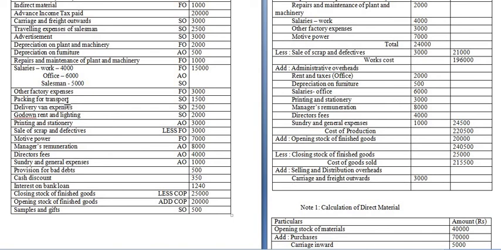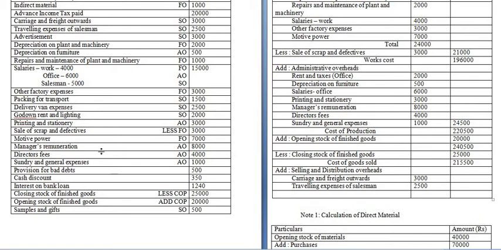Next comes traveling expenses of salesman, 2,500. Advertisement. Advertisement is how much? 3,000.